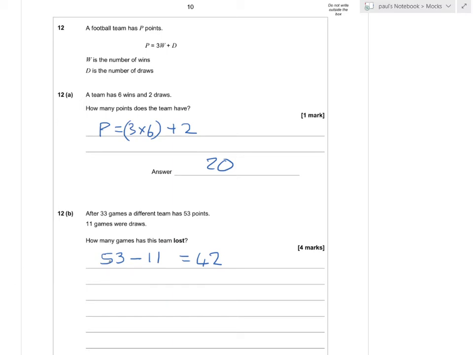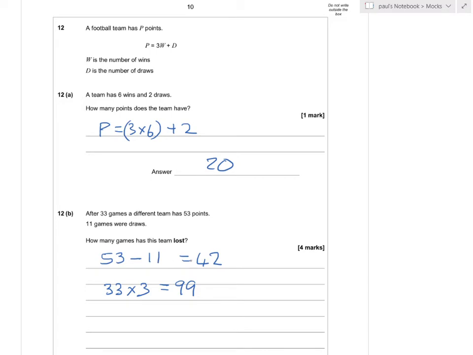So they've got 42, and the total number of points you could get would be 33 times 3, which would be 99 points.